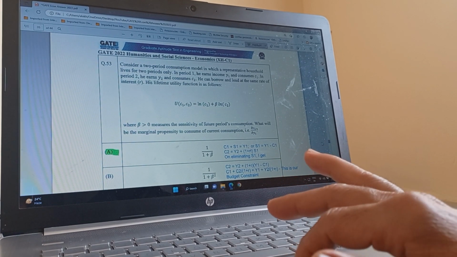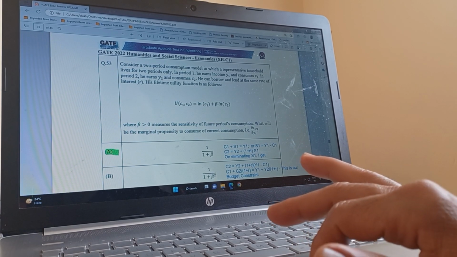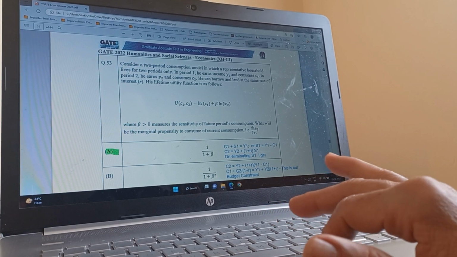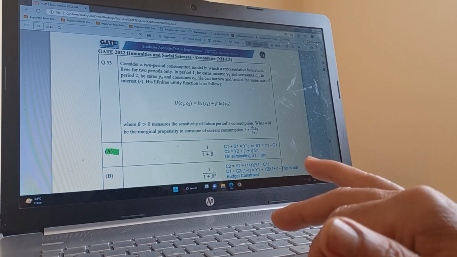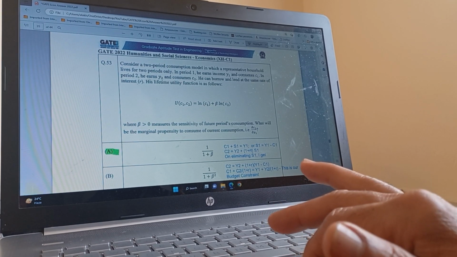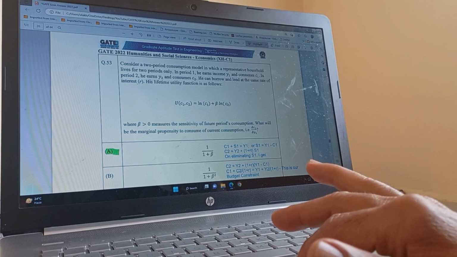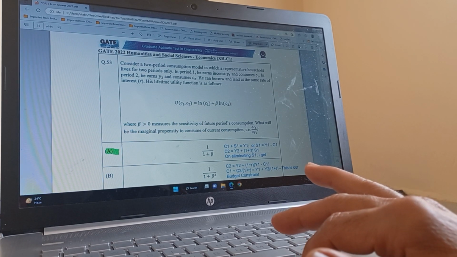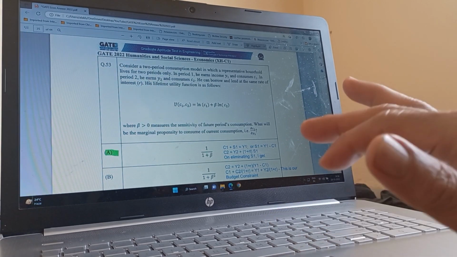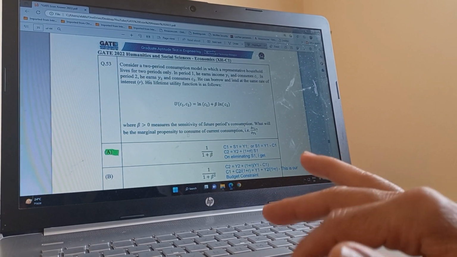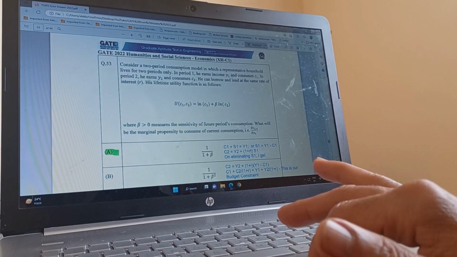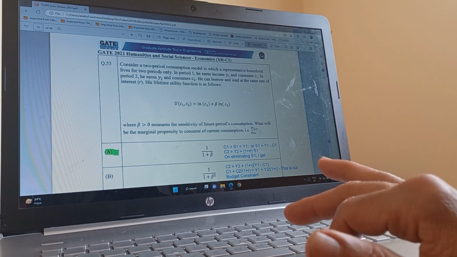This is equal to ln C1 plus beta ln C2. Okay, this one is a logarithmic function, where beta is greater than 0, and measures the sensitivity of future period consumption. So it talks about the sensitivity of utility to C2. Now, what will be the marginal propensity to consume of current consumption? That is dC1 by dY1.